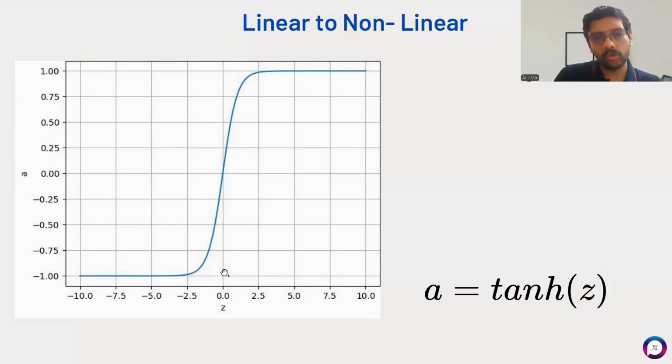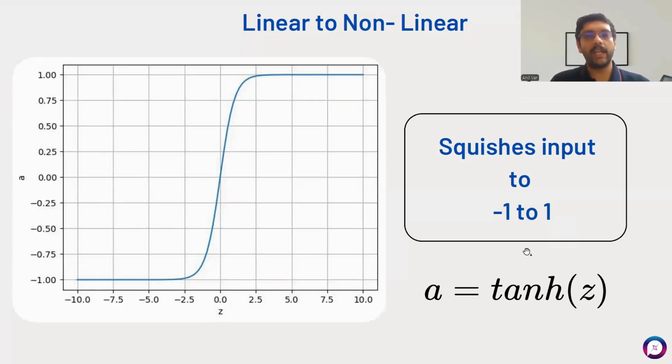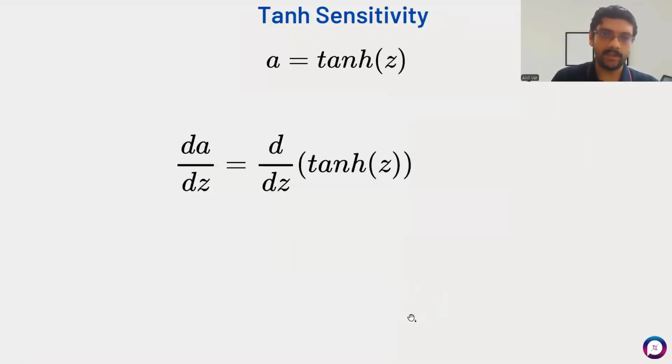As it gets close to 0, so around -2.5, it starts increasing. At 0, you see it's 0, and then increases, and as it hits around 2.5, it hits 1. So you can see, first of all, this is nonlinear, but what it also does is takes the input and squishes it to be between -1 and 1. So that's what the tanh activation function does.